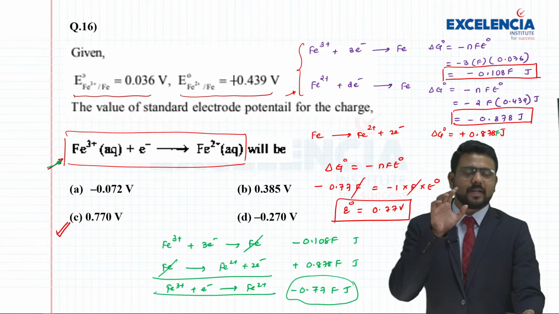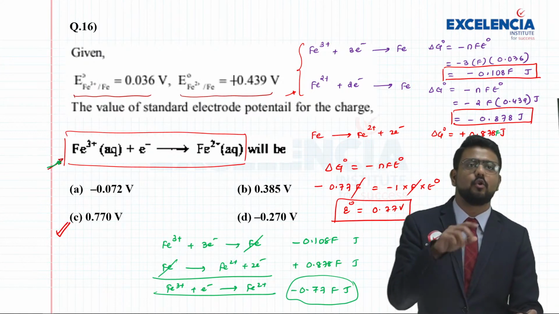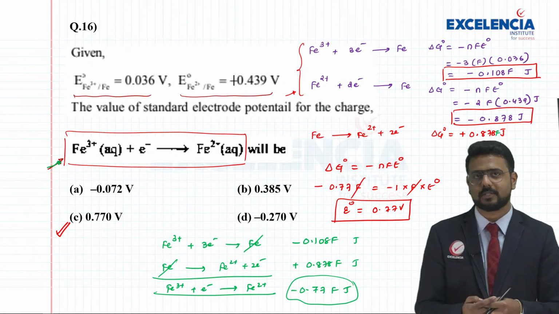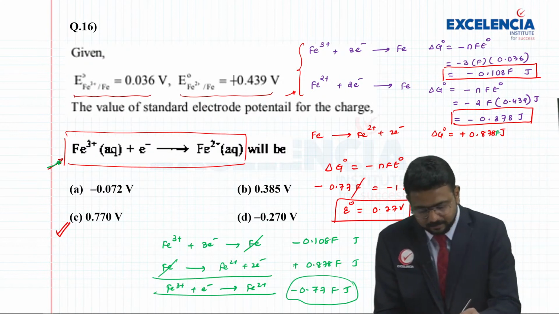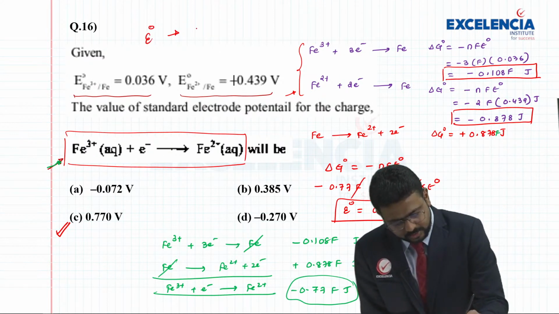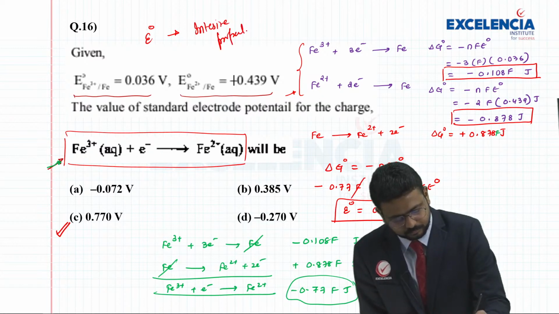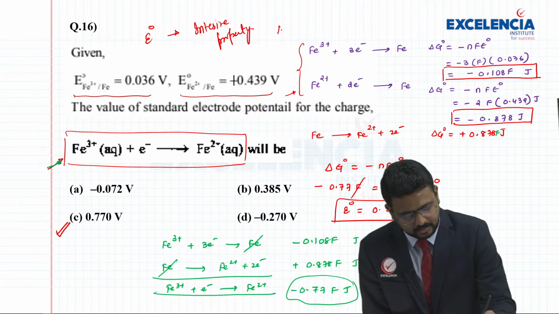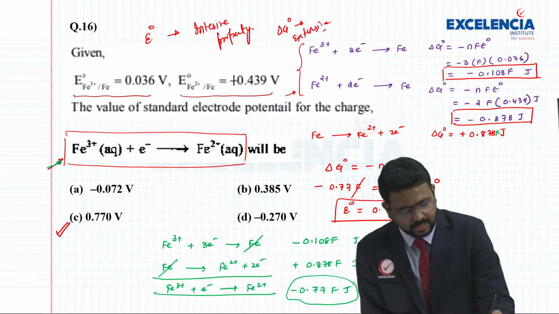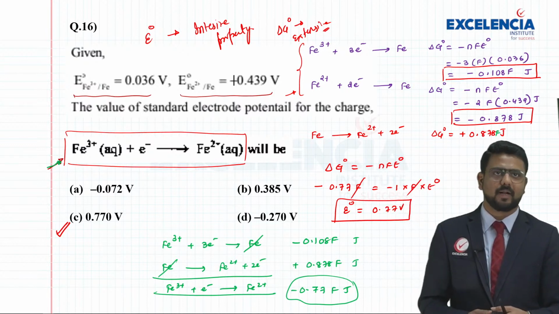Please remember, in such kinds of questions you cannot directly add or subtract E naught values, because E naught is an intensive property, whereas Gibbs energy change is extensive, because of which we can add or subtract these values.